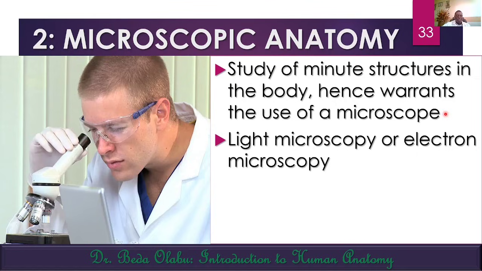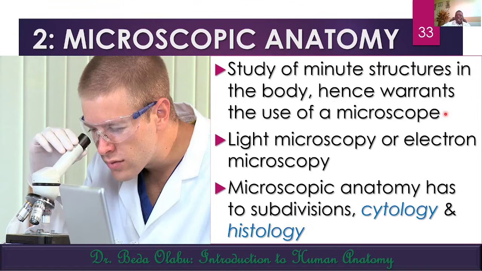You know that we can either have a light microscope or an electron microscope. You should be aware about those two types of microscopes. Microscopic anatomy generally can be divided into two. There's what we call cytology and there's what we call histology. Cytology is the study of cells.